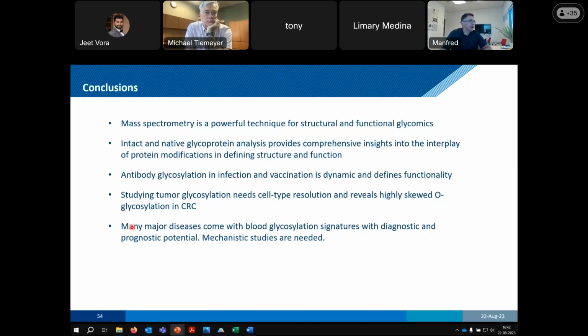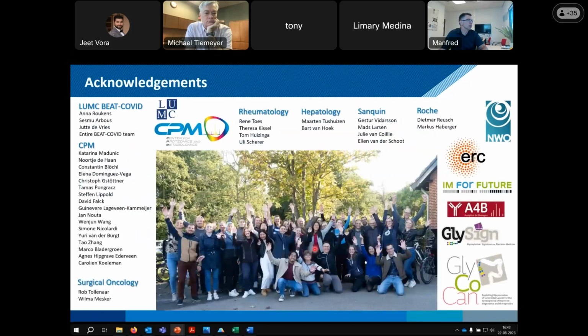And for many, many diseases, we see that the blood glycome is highly skewed and shows quite some differences. We think that for liver conditions, but also for other conditions, this may have diagnostic and prognostic potential. And of course, we would love to get more insights into the underlying mechanisms.